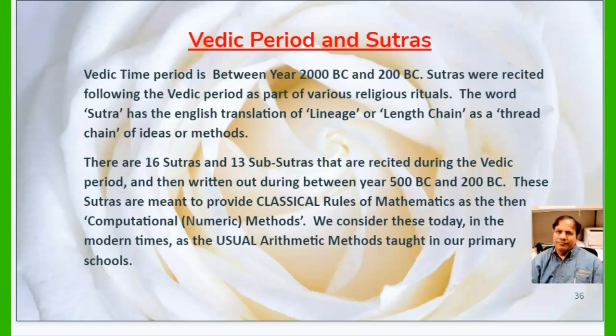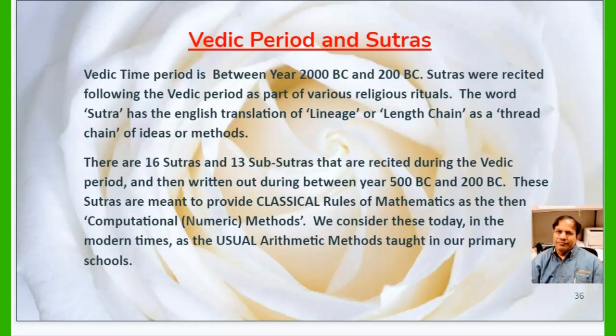The word sutra, spelled S-U-T-R-A, has the English translation of lineage or a thread or chain of ideas or methods. Note that there are 16 sutras and 13 sub-sutras that were recited during the Vedic period and then written out on materials between the year 500 BC and 200 BC.